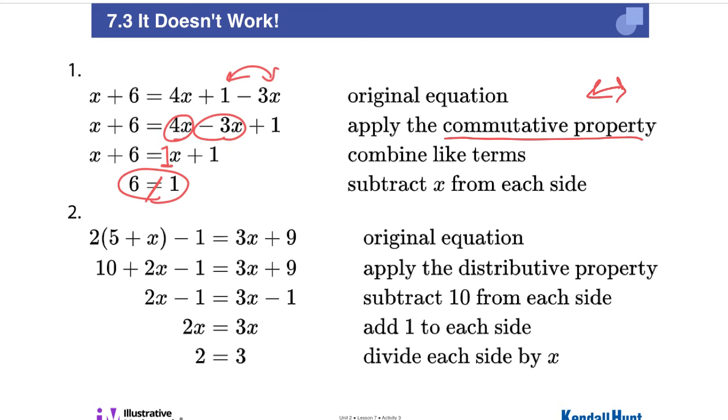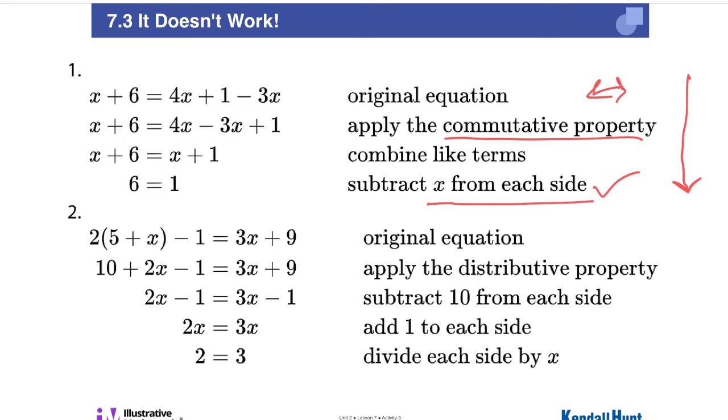He can subtract x from both sides. That is a legal move. So everything he did, all of his steps right here, were legal. He didn't make any mistakes. So why did he end up with this false statement? Well, it turns out if we look at this step right here, it's easiest to see that no matter what x is, the left side here is adding 6, the right side's only adding 1.